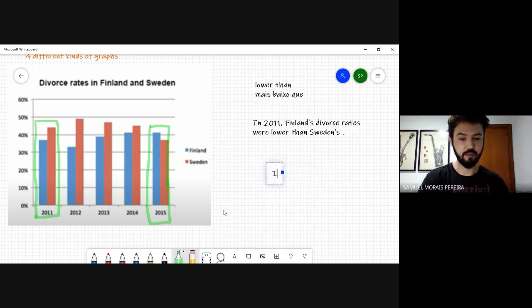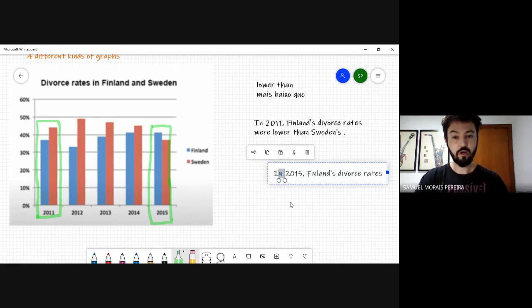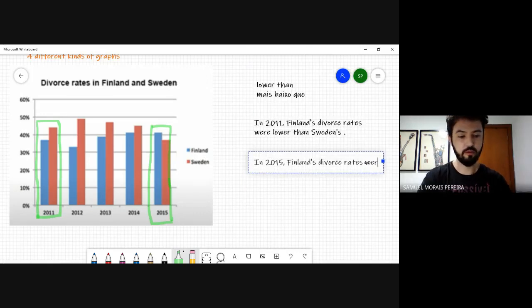You have, pay attention, in 2015, Finland's divorce rates, olha só, em 2015, os índices de divórcio na Finlândia were higher. Tá vendo? Mudou completamente, ó. Eles passaram os da Suécia. So, were higher than Sweden's.